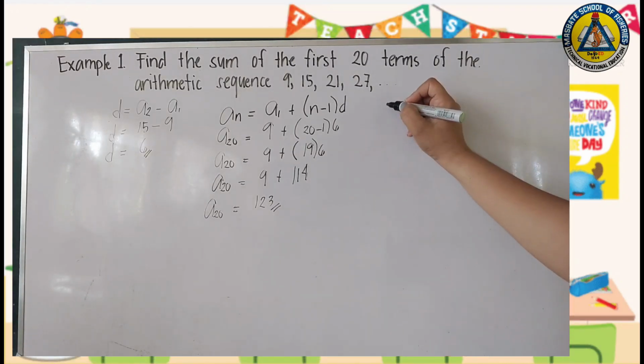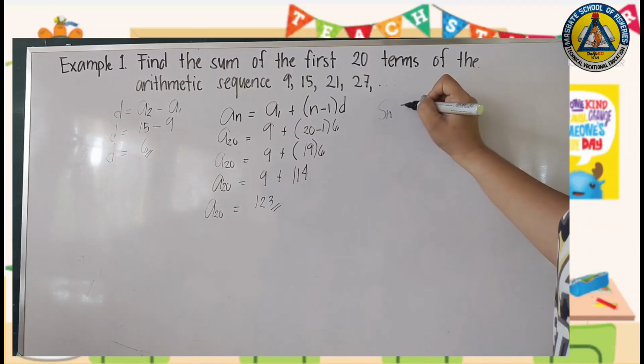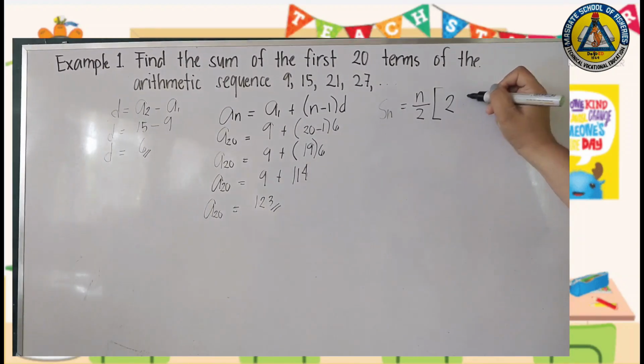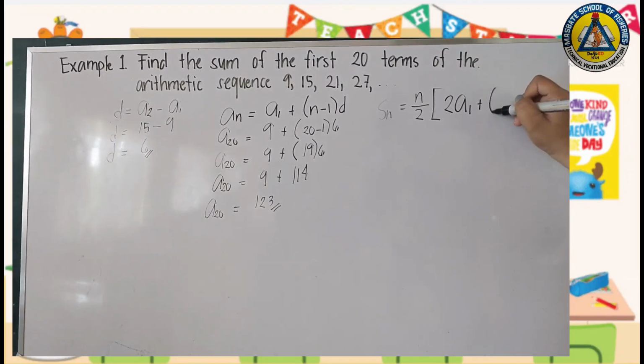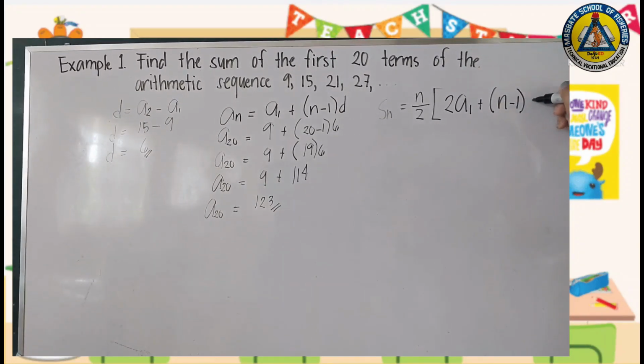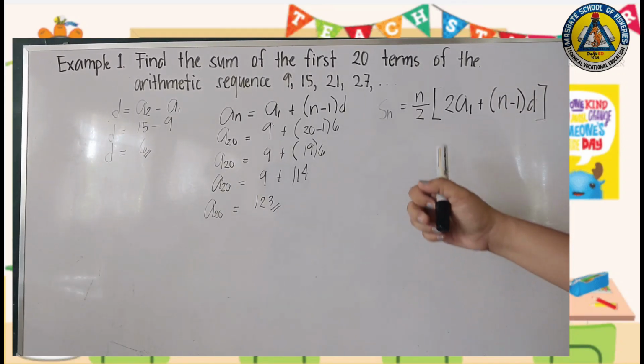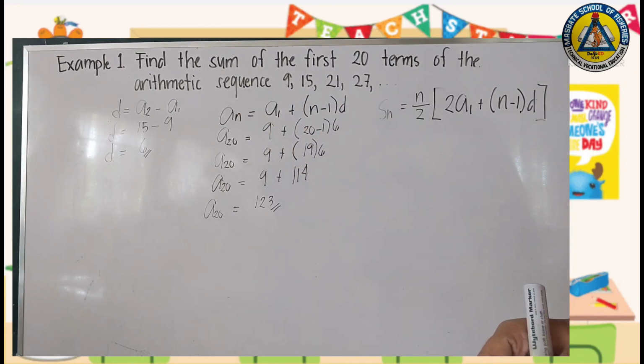Using the formula S sub n equals n over 2 times 2a sub 1 plus n minus 1 times d, we can also find the sum of the first 20 terms of the given arithmetic sequence.